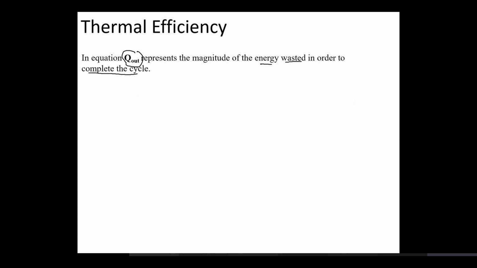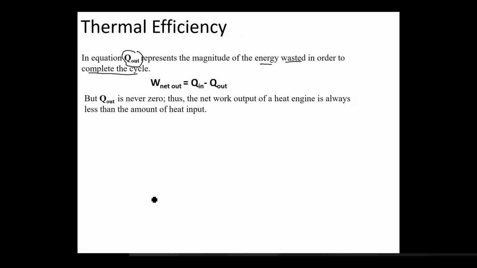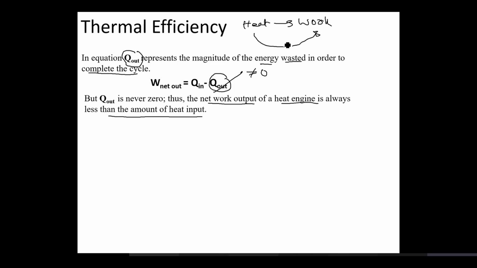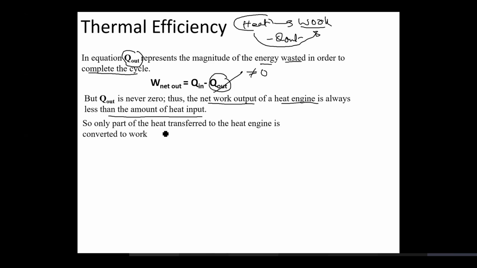That means Q out cannot be equal to 0, and the net work output of a heat engine is always less than the amount of heat input. You wanted heat to be converted into work, but in order to convert heat into work, you will always have Q out. That means not all of the heat could be converted into work in a cyclic engine. All right, so only part of the heat transfer to the heat engine is converted to work.